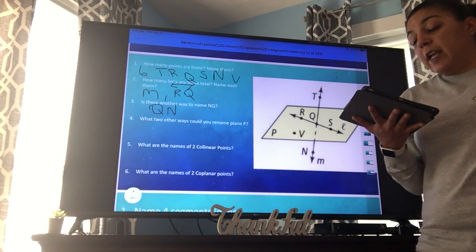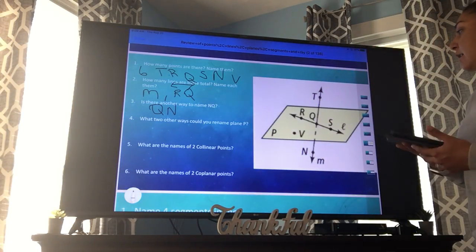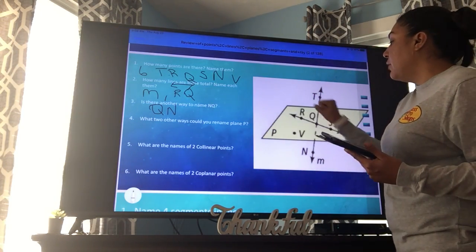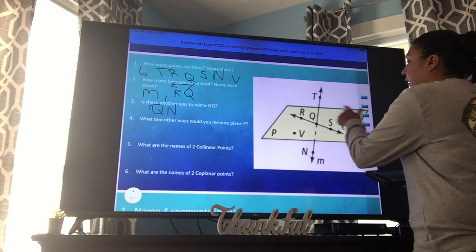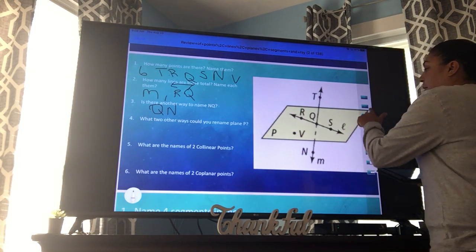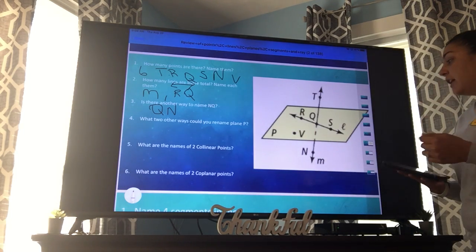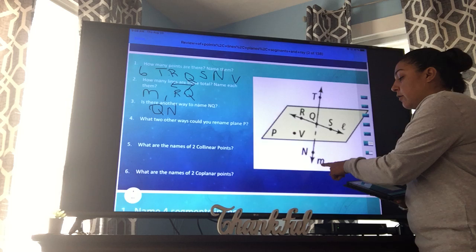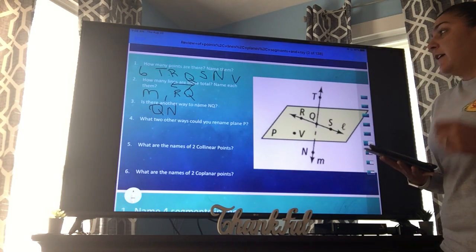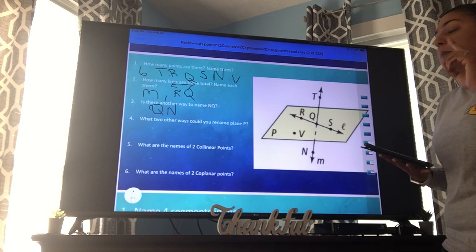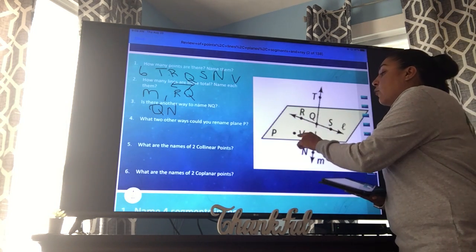It says, what other two ways could you rename the plane P? So, plane P is our general name of this whole plane. So the plane is anything within this yellowish color box. Okay, and if it's outside the box, like the uppercase N or the little m or the T, we can't use those. And there's also another rule with it. So you have to pick 2 points that are on the same line and one random point.